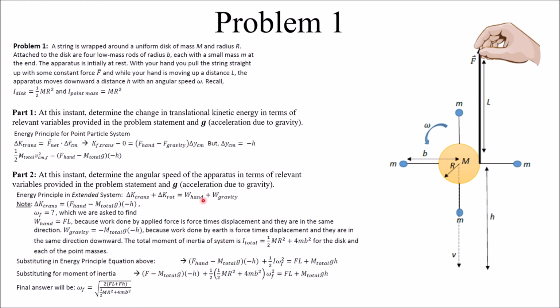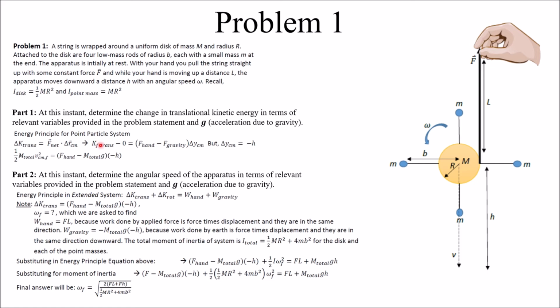We'll plug that in. We have this idea of the change in rotational kinetic energy, which is just going to be the 1/2 I omega final squared, and then equals the two works added together. And so when we substitute in the total moment of inertia here, we can do some algebra and clean it up a little bit, and we're solving for this final angular velocity, and we get a nice expression here.